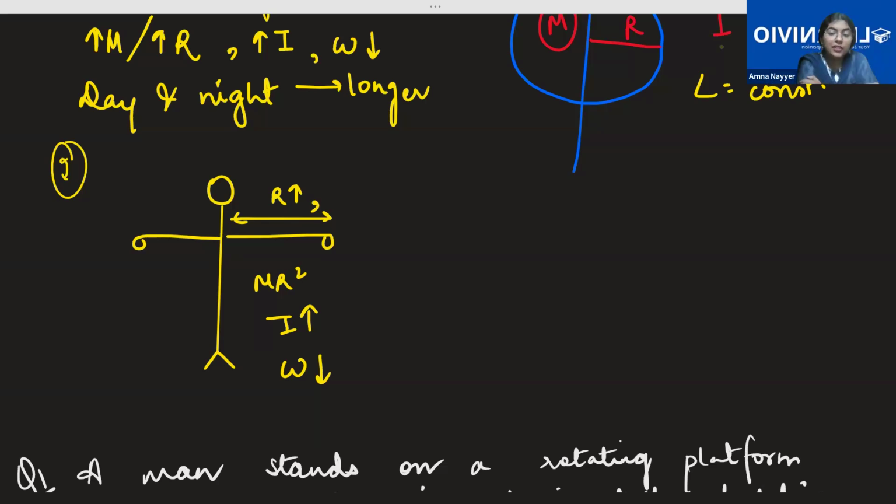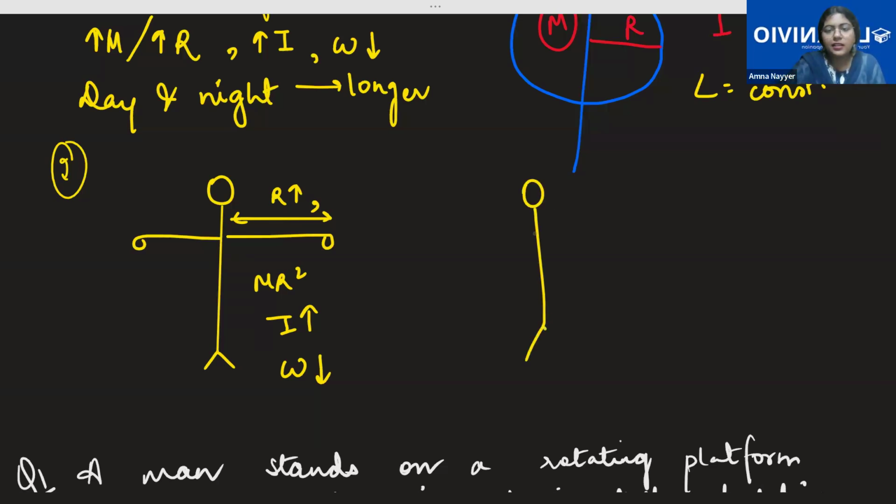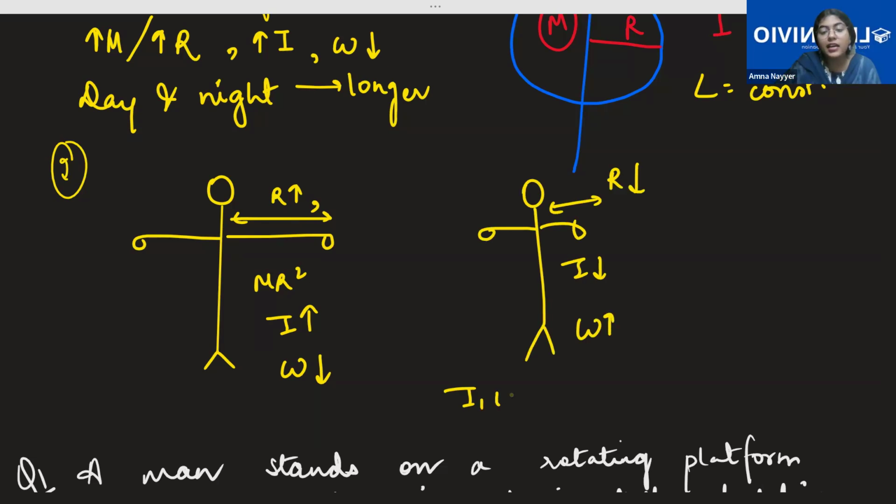Radius decreases, moment of inertia decreases, angular speed increases. So they spin faster. That's why ballet dancers do this often. Even if you are spinning with your arms spread out, you'll spin slowly, and then while spinning, just bring your arms closer. Moment of inertia decreases, angular velocity increases. All this because I1 omega 1 is equal to I2 omega 2.